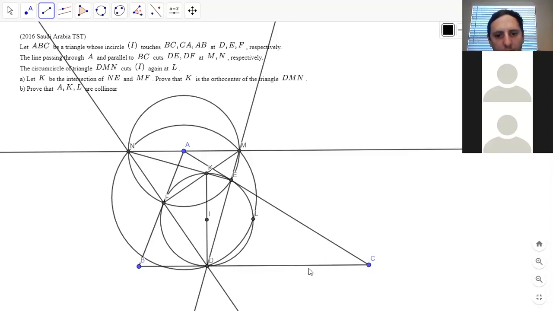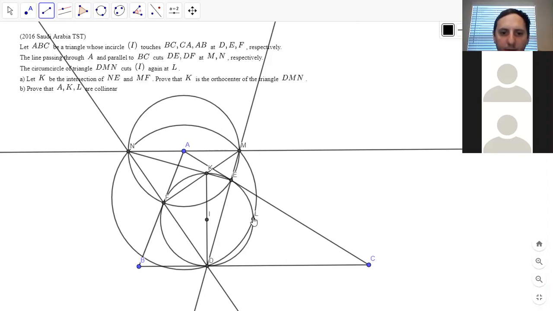Obviously, if you drew that line, it would meet it at the touch point of the excircle. L is the DQ point, so A, K, L are collinear.